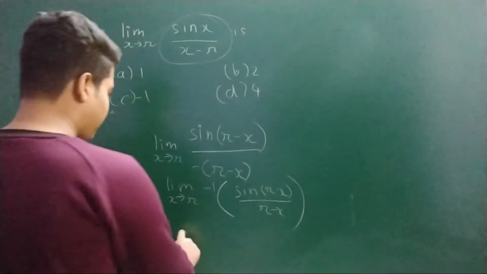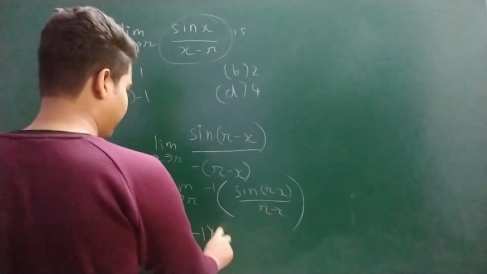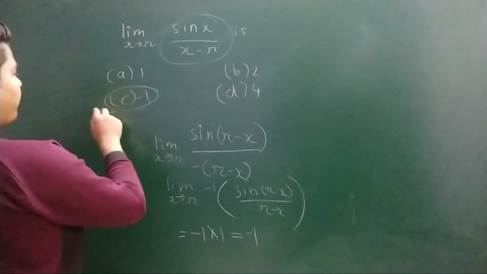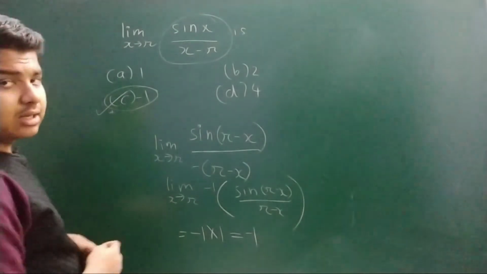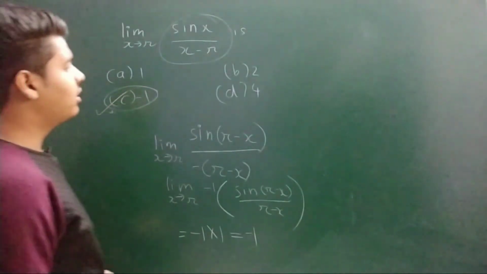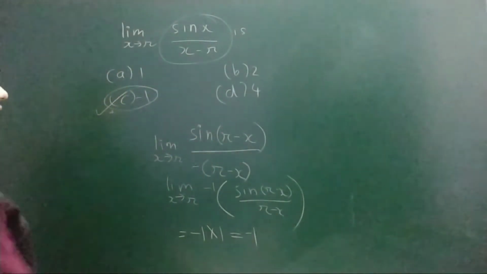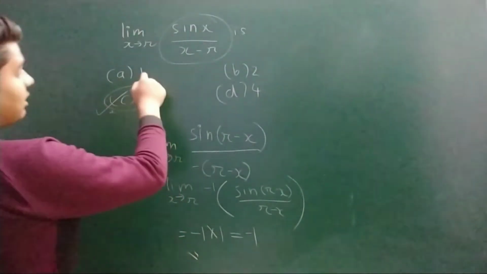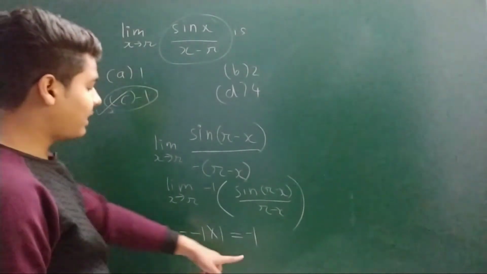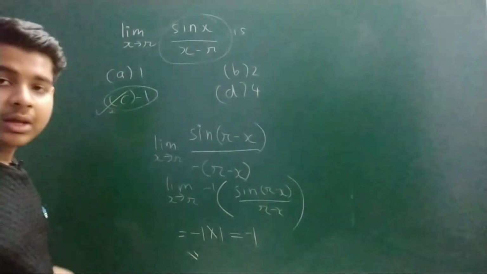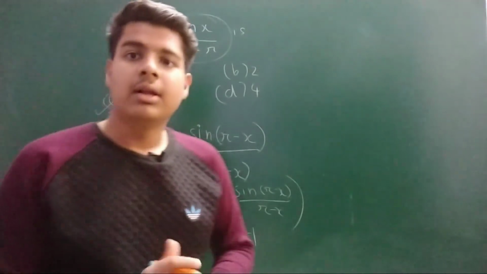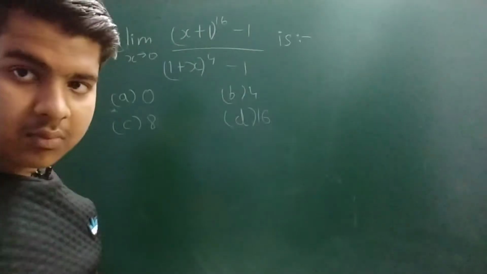So it will become minus 1 multiplied by 1, and the answer is minus 1. So option C, minus 1, is correct. All the other options are 1, 2, 4, and these are incorrect because of the negative sign, which is very important to keep in mind, otherwise you might take the answer as 1, but it's minus 1, that is option C. And this question has been solved. So now let's move on to the next part.